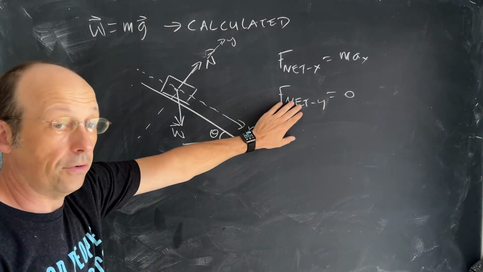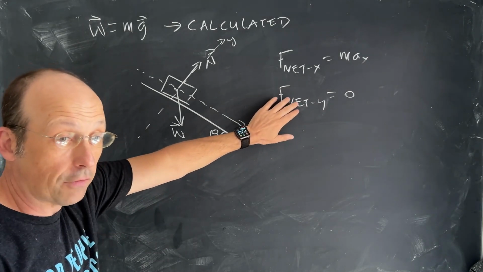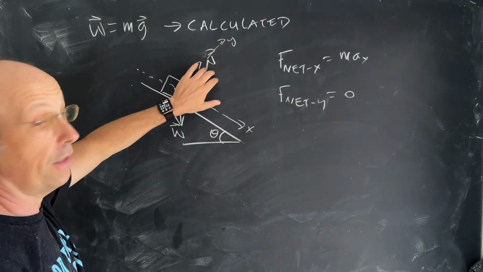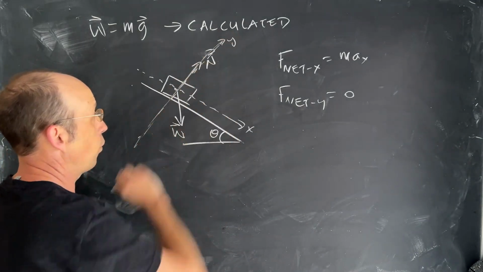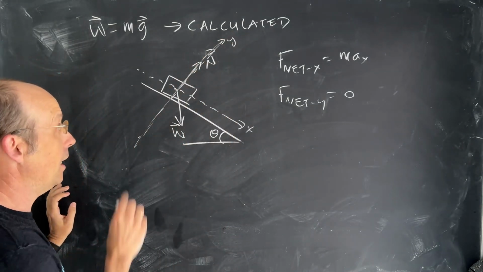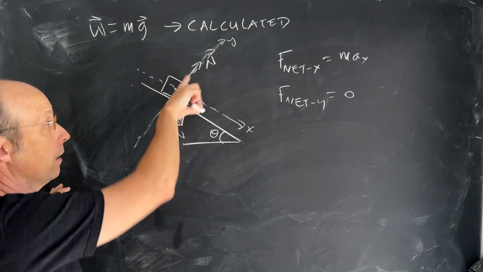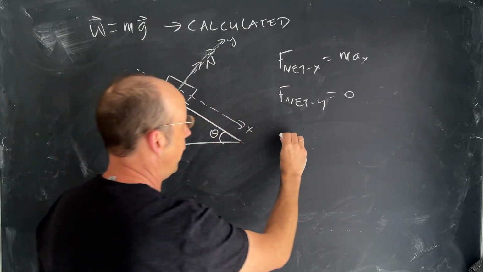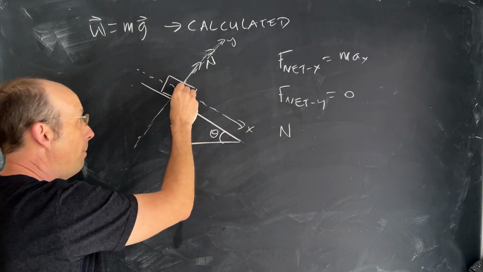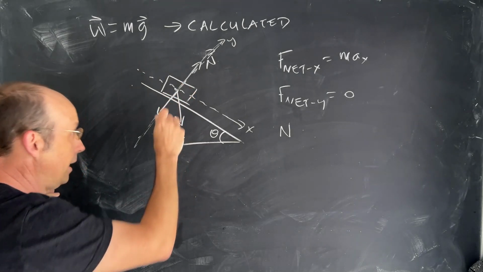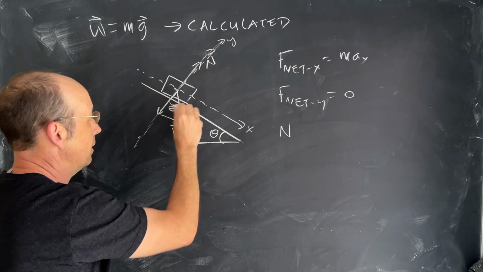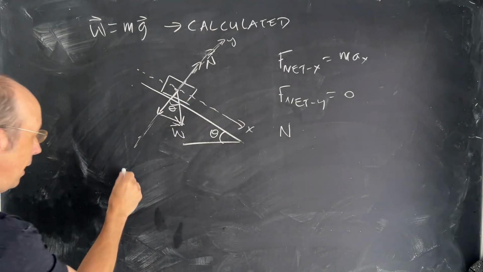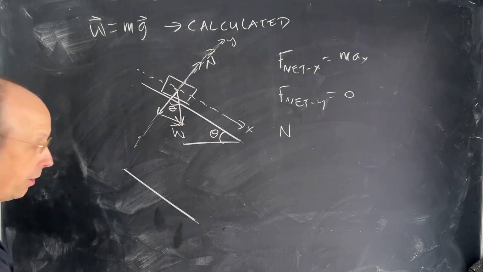Now, here we can do something very useful. I know the acceleration is 0, so I can find the value of that force. So let's look at the values of forces in this direction. Here I have the normal force in the y direction, and then I have part of the gravitational force in the x direction. And this angle right here is theta. So let me just show you how you can get that angle of theta with a little bit bigger picture here.